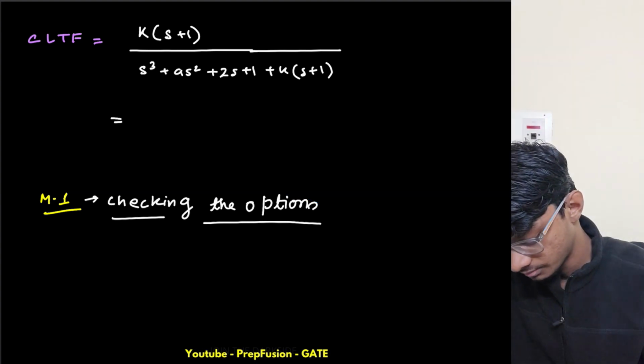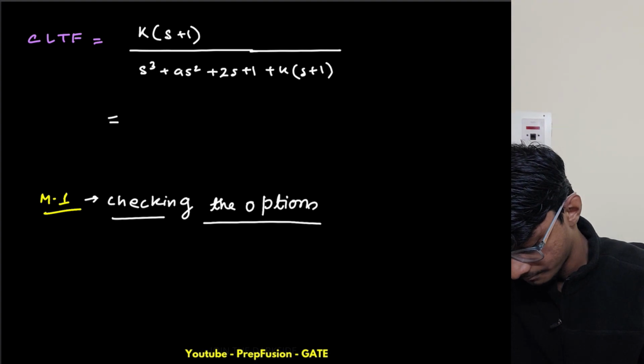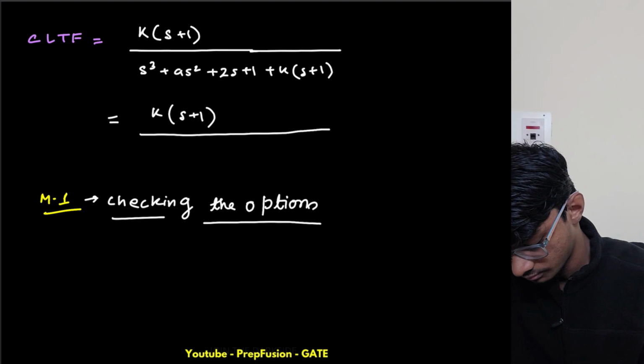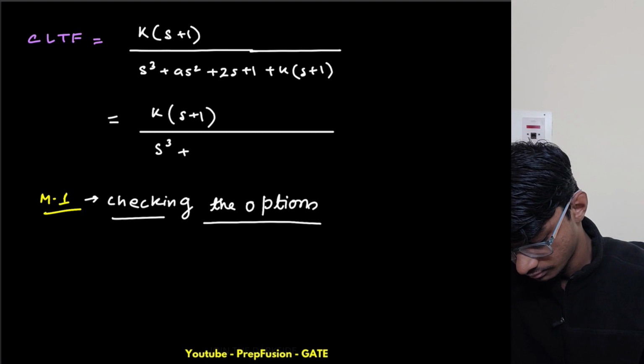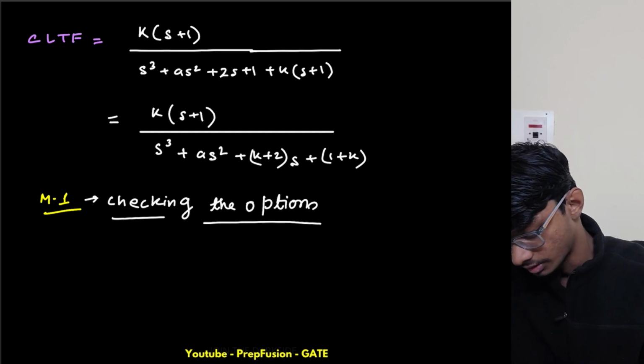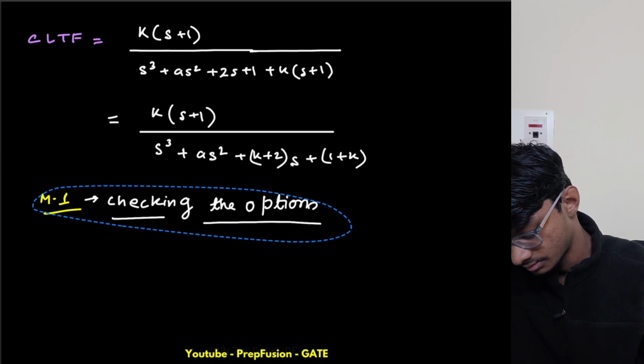So we club them, so this will be s cube plus a s square plus (K plus 2) times s plus (1 plus K) basically. So yeah, this is basically the characteristic equation. I will take this method to the next page.